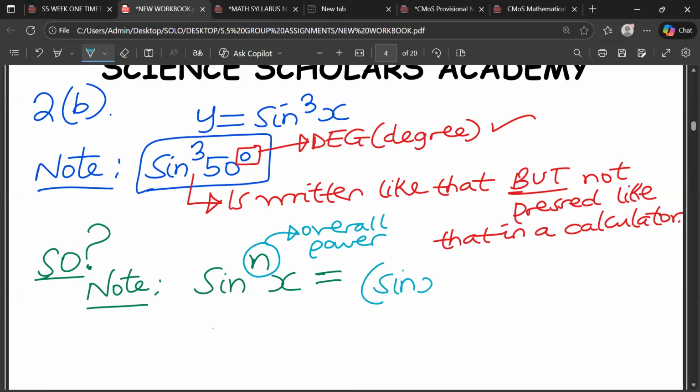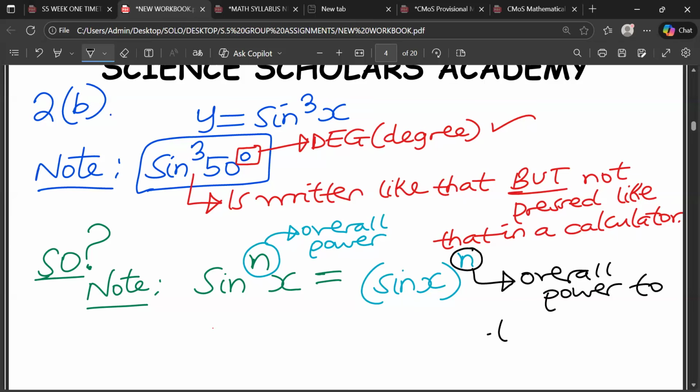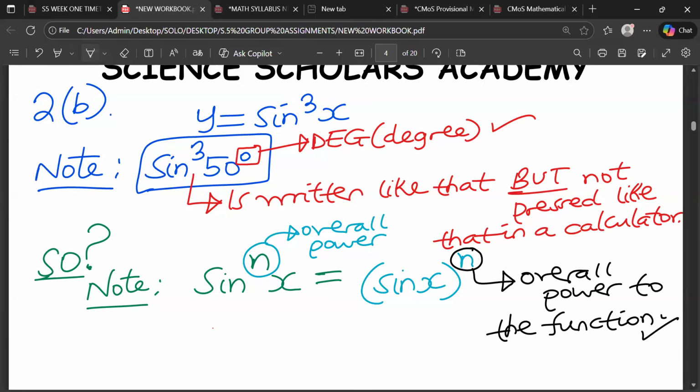That the sin x is alone, then the power is what? N. Get the point? So this is an overall power to the function.